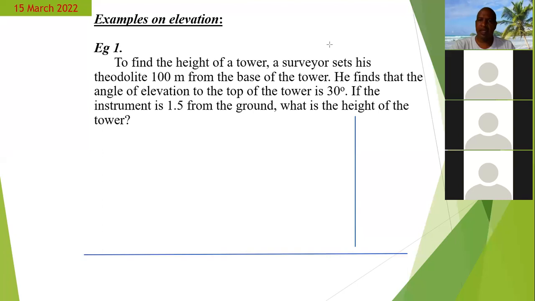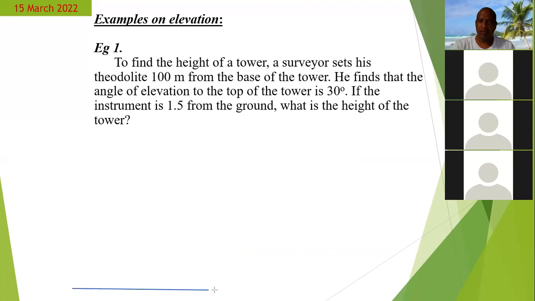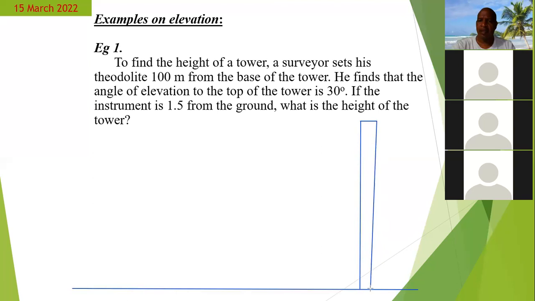Maybe I should utilize the space below some more, so let us go a little down closer to the bottom of the screen. It's a vertical tower, meaning that it's going to be at right angle to the ground. So here we go, Mr. Lamar, here's your tower.